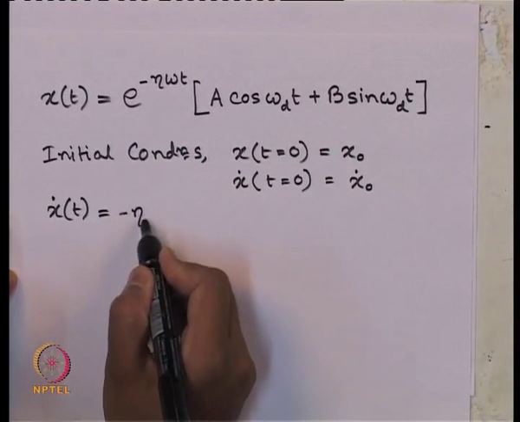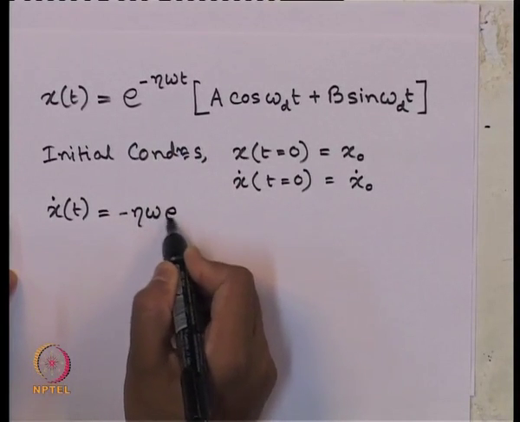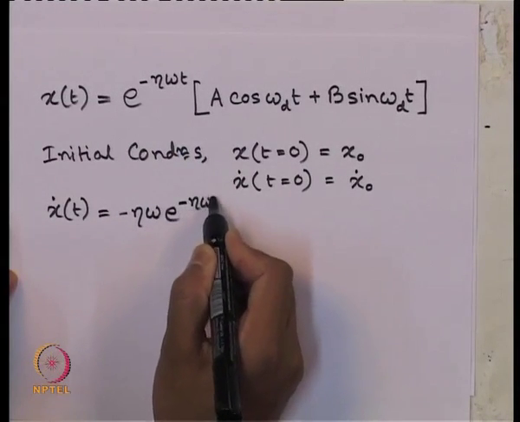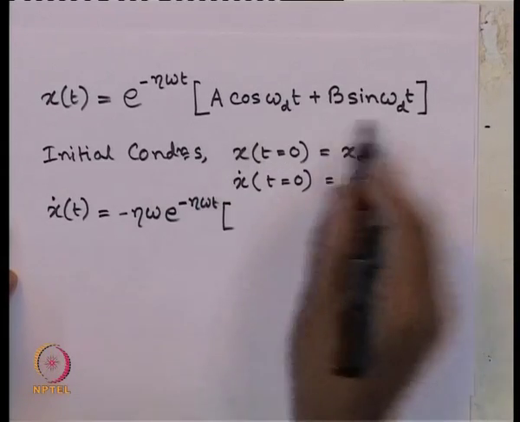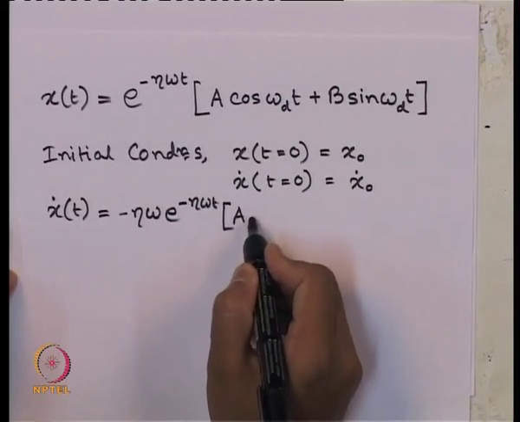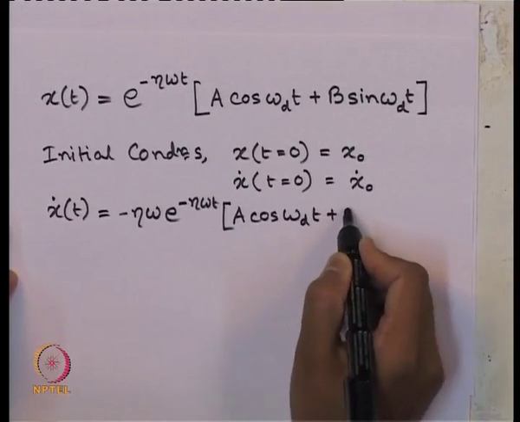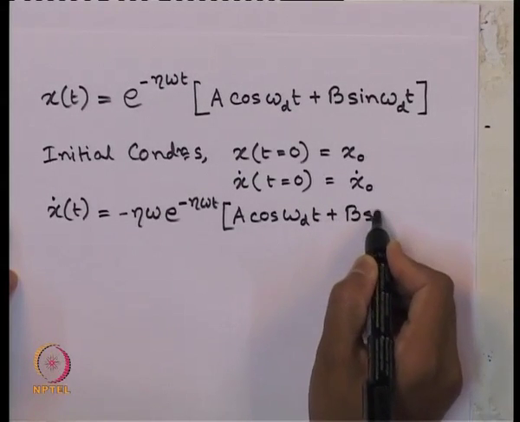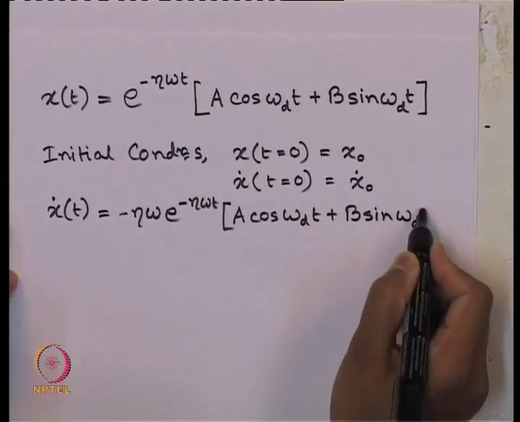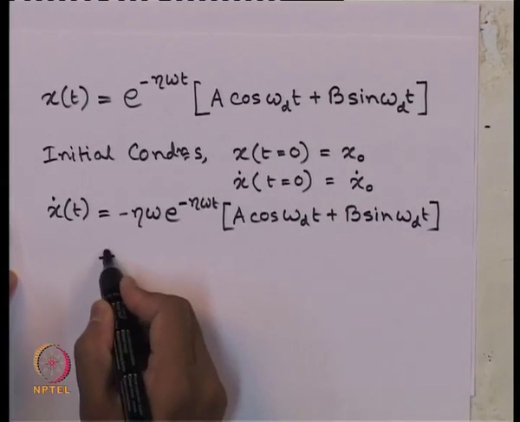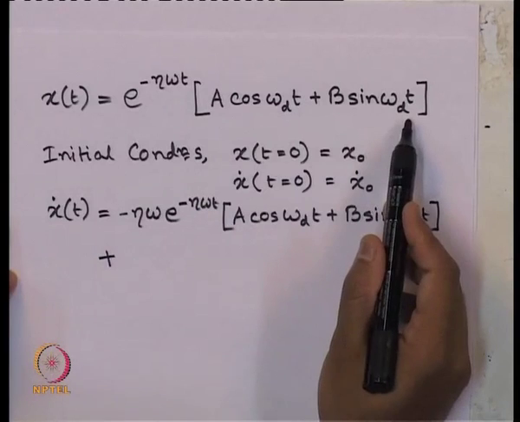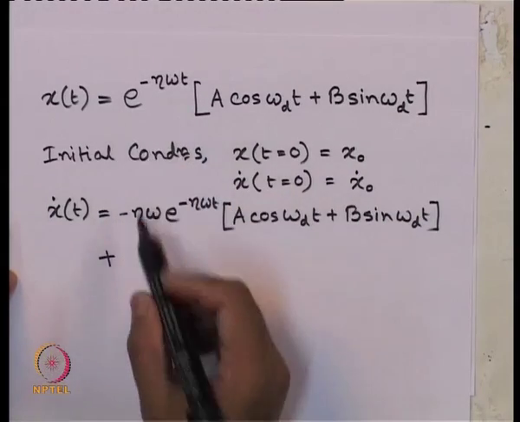So, minus eta omega e to the power minus eta omega t times, this remains as it is, a cosine omega d t plus b sin omega d t, plus, now let me differentiate this function keeping this as constant.